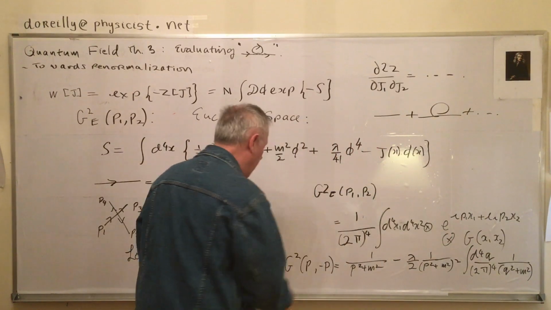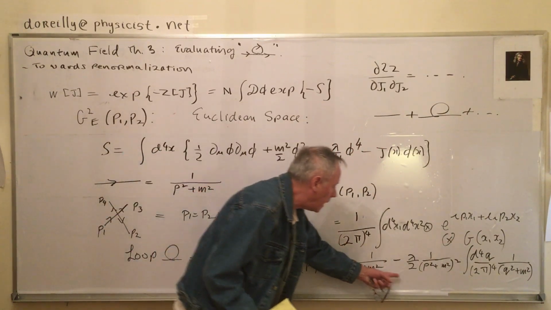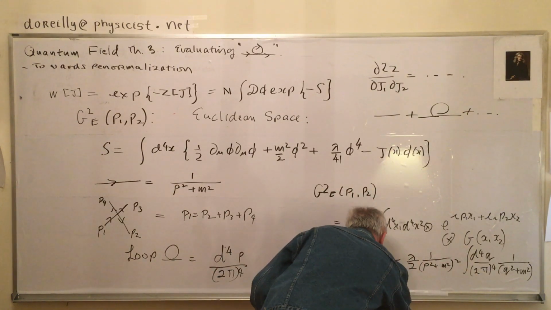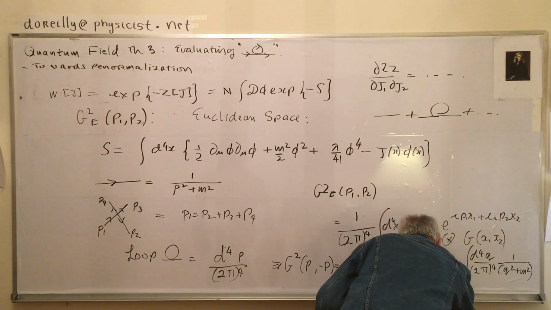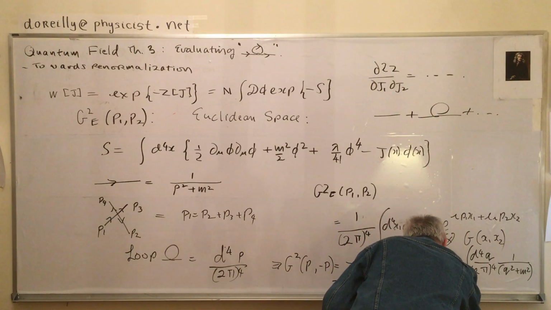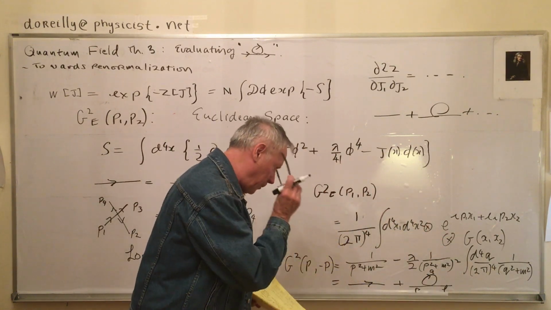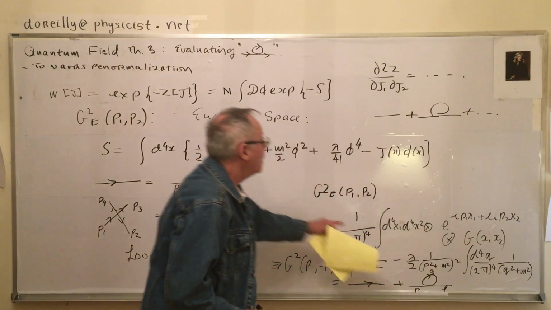Now I calculated, I got to this point before, so you have to look at the previous lectures to see where this guy came from, right? And we say this is the diagram that looks like this. Q is the loop momentum, and P is, okay.